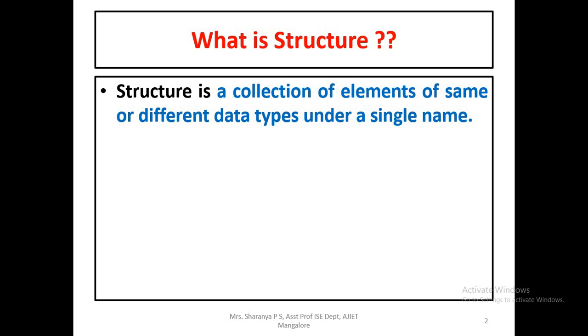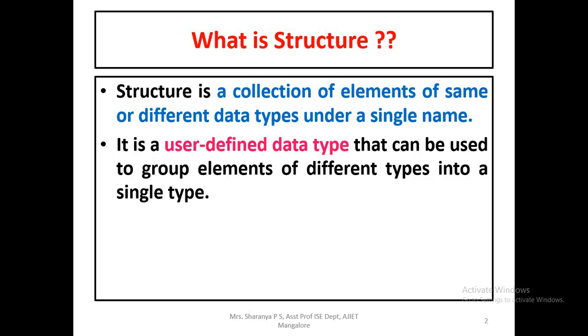If I want to store the marks, all the elements of the array are of integer data type. Here, a structure allows us to store elements of different data types, like character values, or integer, or float. All these can be clubbed together under a single name and we can keep them together. That is where we make use of the structure concept.